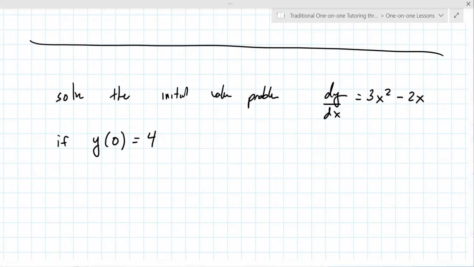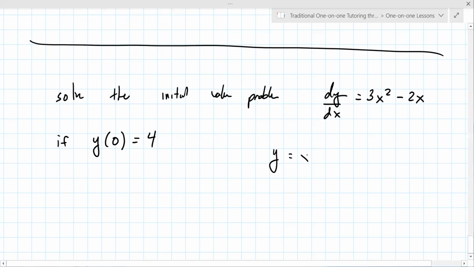3x cubed over 3 minus 2x squared over 2. No, you've got to get the antiderivative.